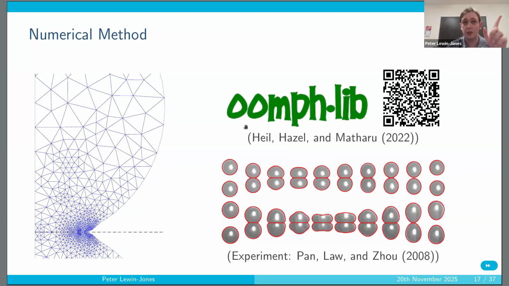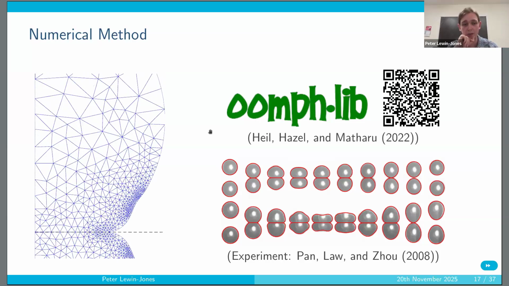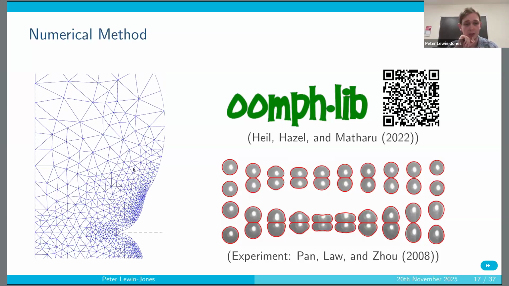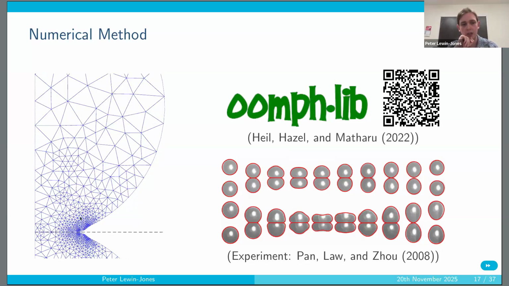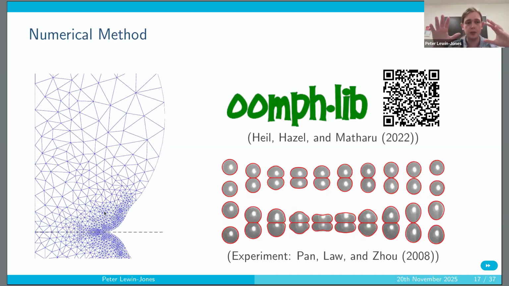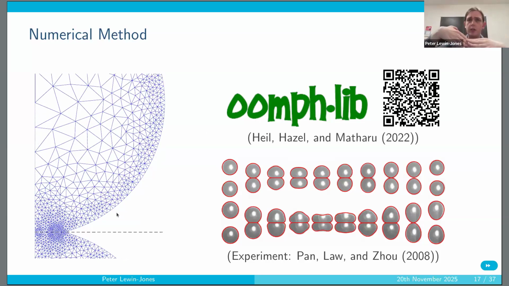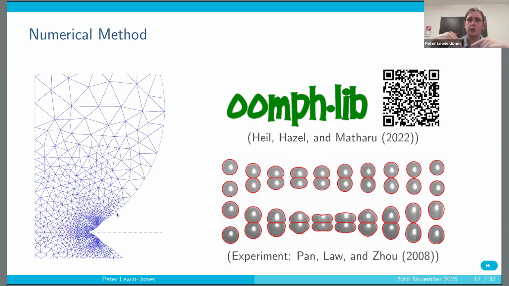Before I can show you results though, I need to say how I've implemented it. Now that I've got my model, I'm going to solve it in a finite element framework with a moving mesh. Here's a picture of one of my meshes as it evolves, and I'm moving the mesh with the surface. How this works is you solve for the flow inside the drop, and that gives you the velocity on the boundary.